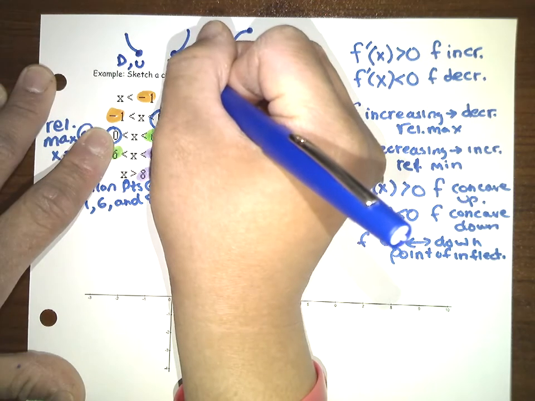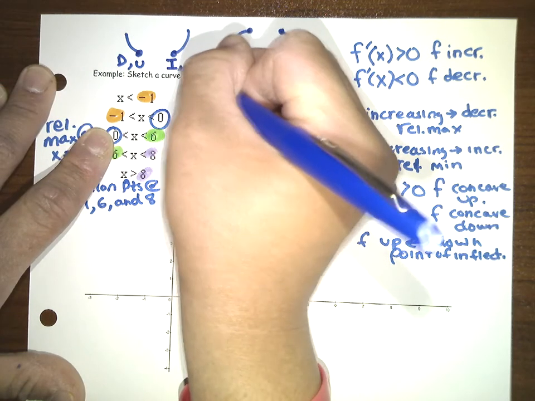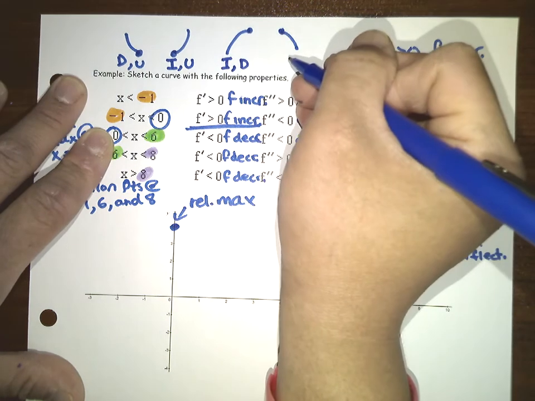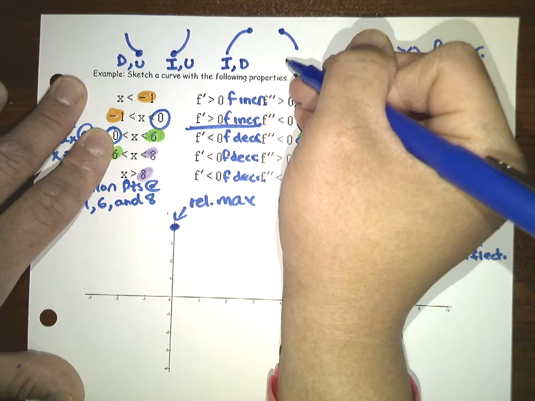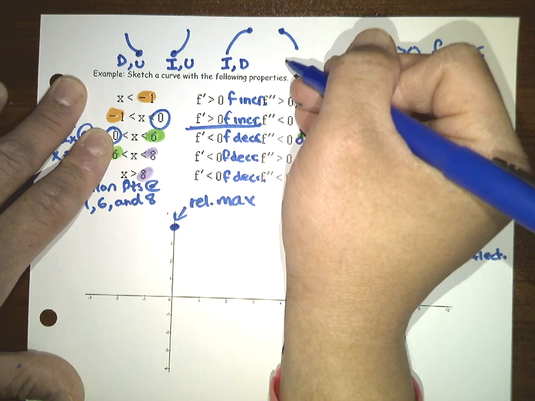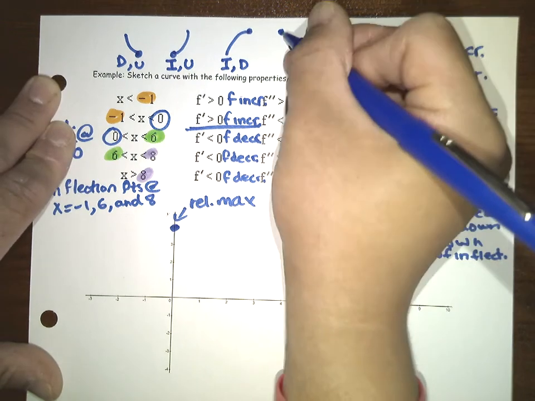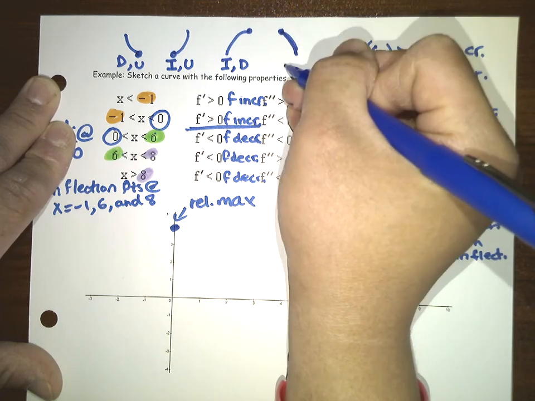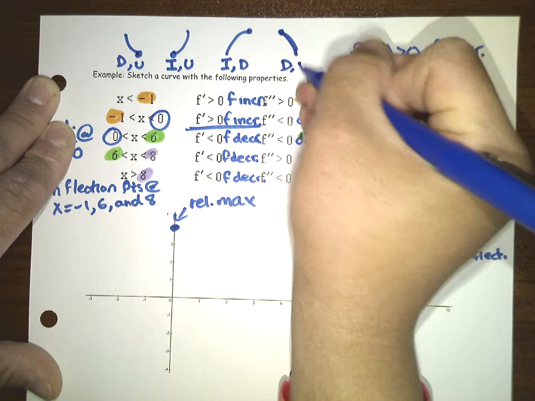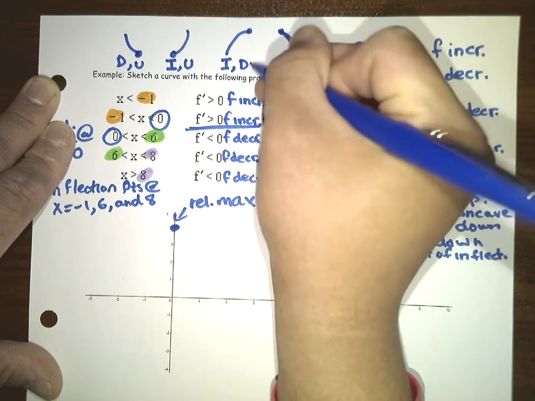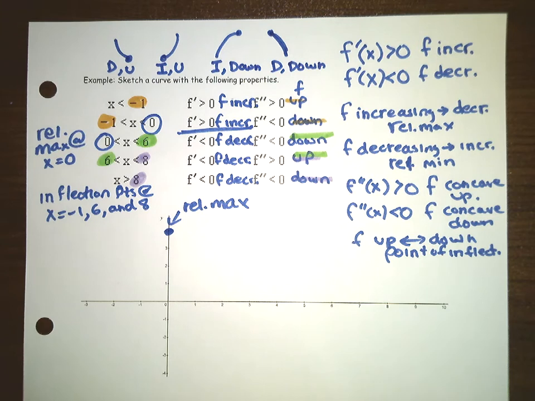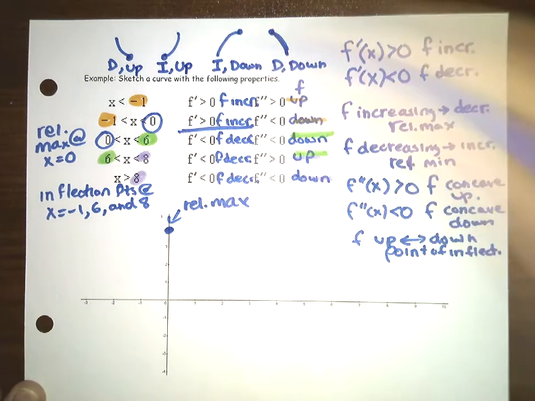This is increasing and concave up, increasing and concave down, and maybe I shouldn't use D for concave down and for decreasing, but I think that you know what I am getting at, hopefully. And then this is concave down, but decreasing. So decreasing and concave down. So down, down, there. Okay. So now up, up, down, down.